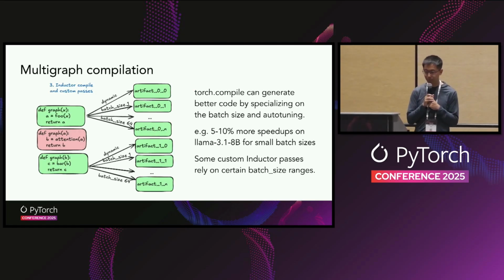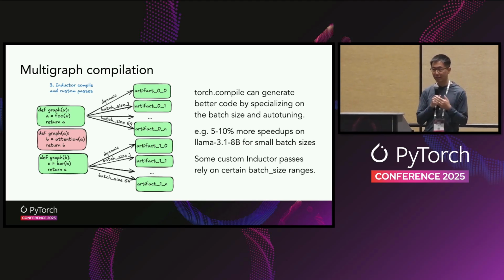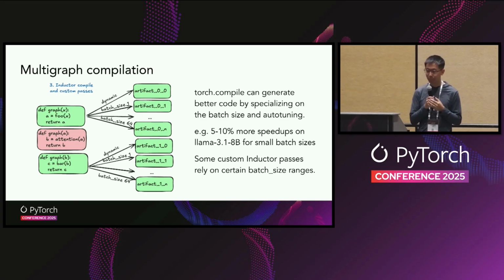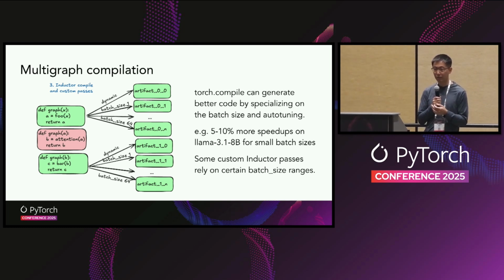Okay, multigraph compilation. vLLM captures a graph with dynamic shape and then passes that to Inductor. It turns out that this is pretty good in terms of performance, but we can also eke out a bit more performance on smaller batch sizes if we actually specialize on a batch size and turn on auto-tuning.